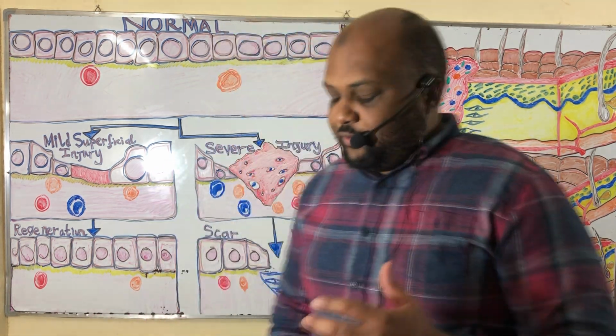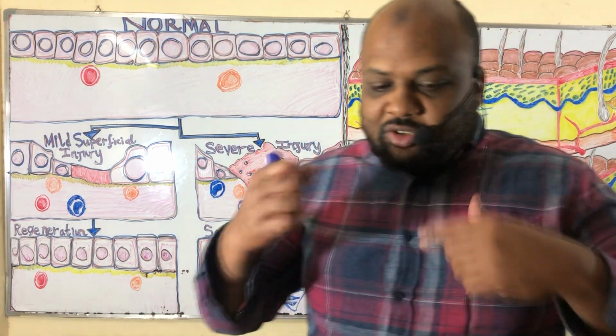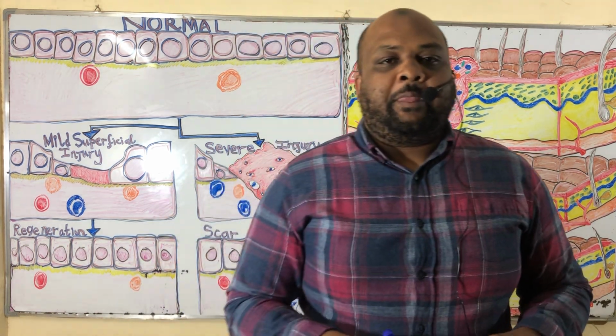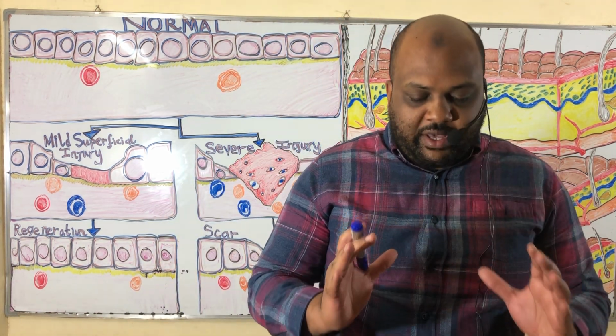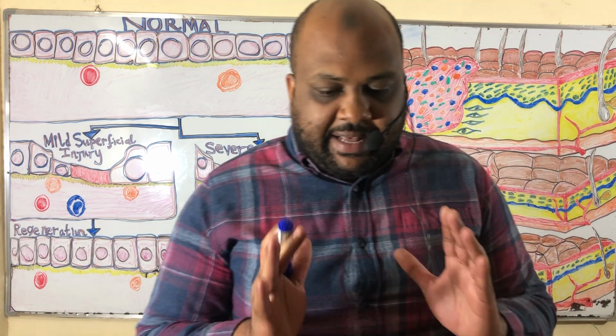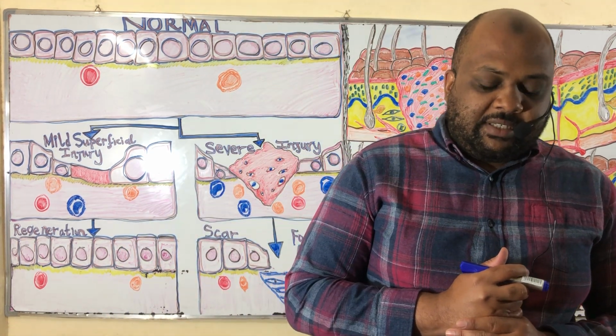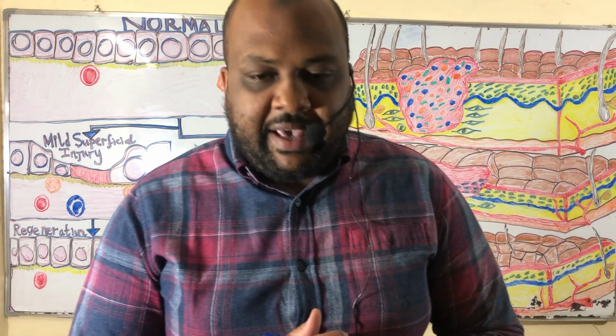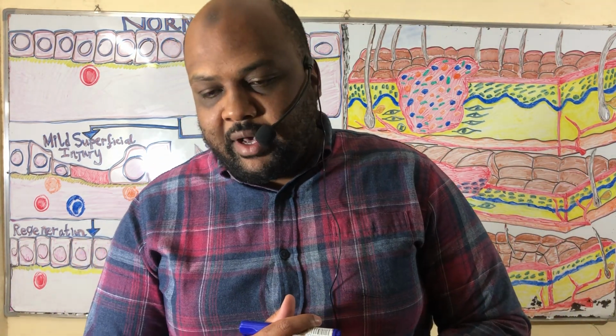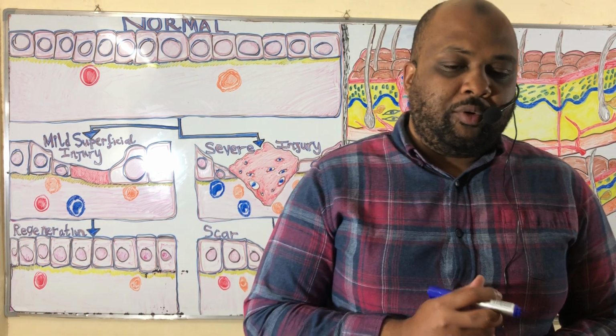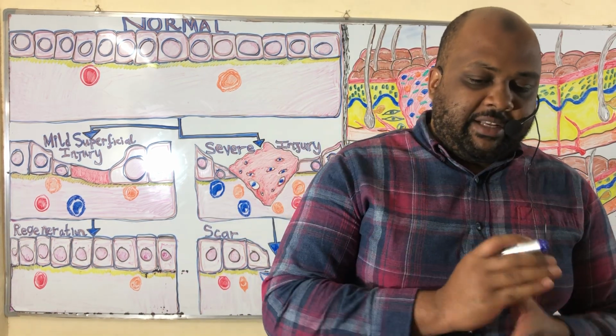So before we go into detail, let's recap real quick and see what are the events that led to where we are right now, and that is the processes of repair and healing, whether healing by regeneration or healing by fibrosis. What are the steps that led to that?